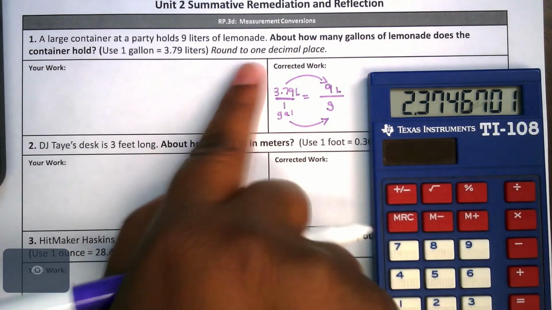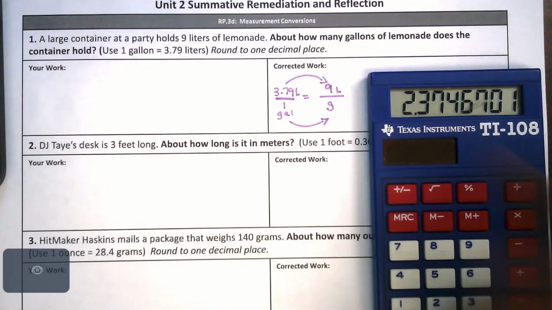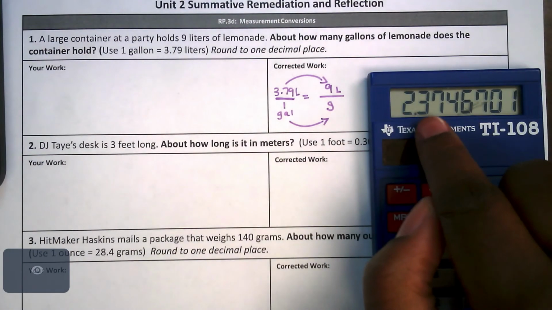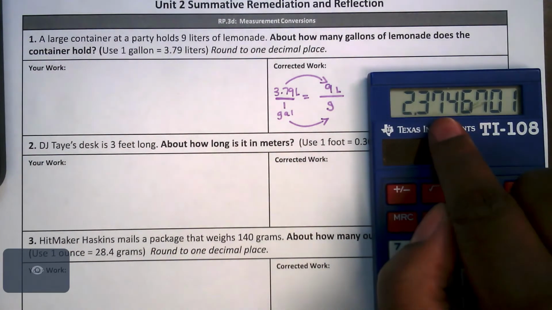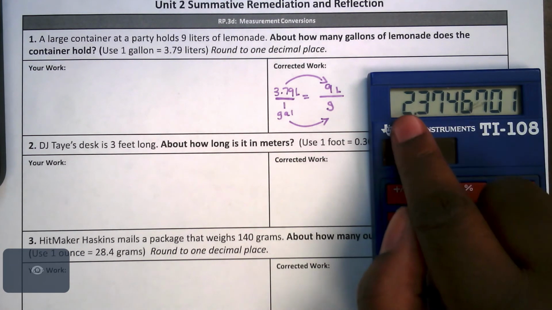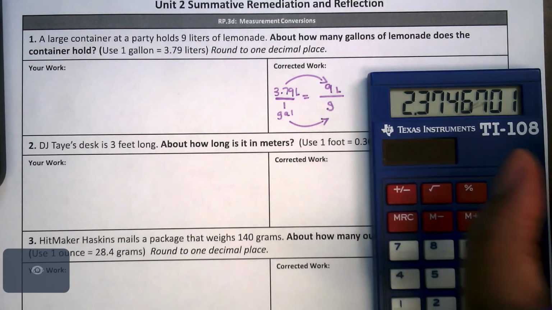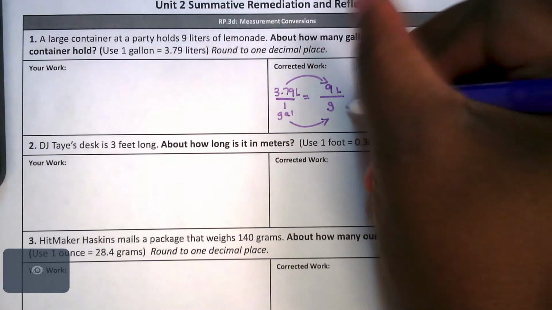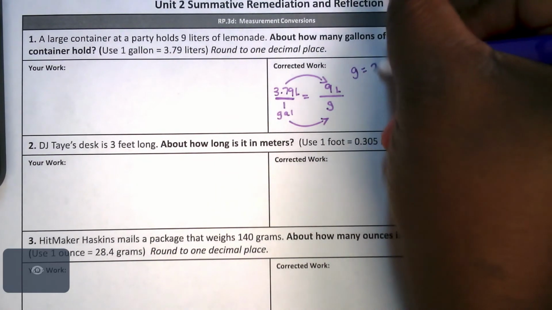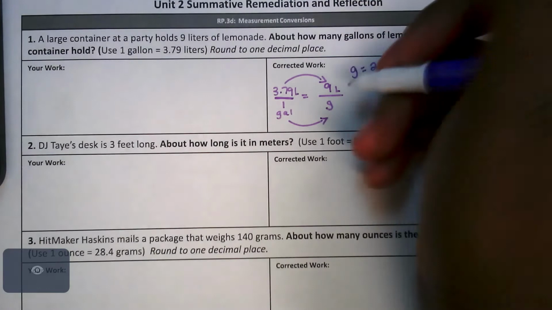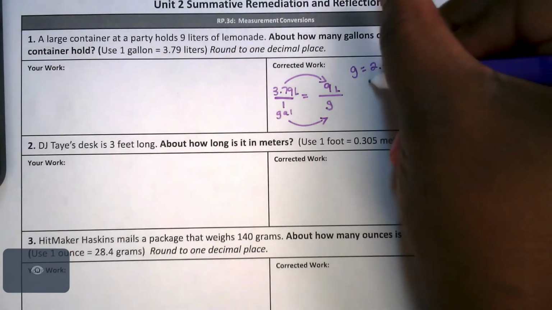And it asks me to round to 1 decimal place. So 1 decimal place would be at 3. So I need to look next to it to see if I need to round up, if it's 5 or more. And it is. It's a 7. So rounding up to 1 decimal place would be 2.4. So G equals 2.4. So 2.4 gallons.